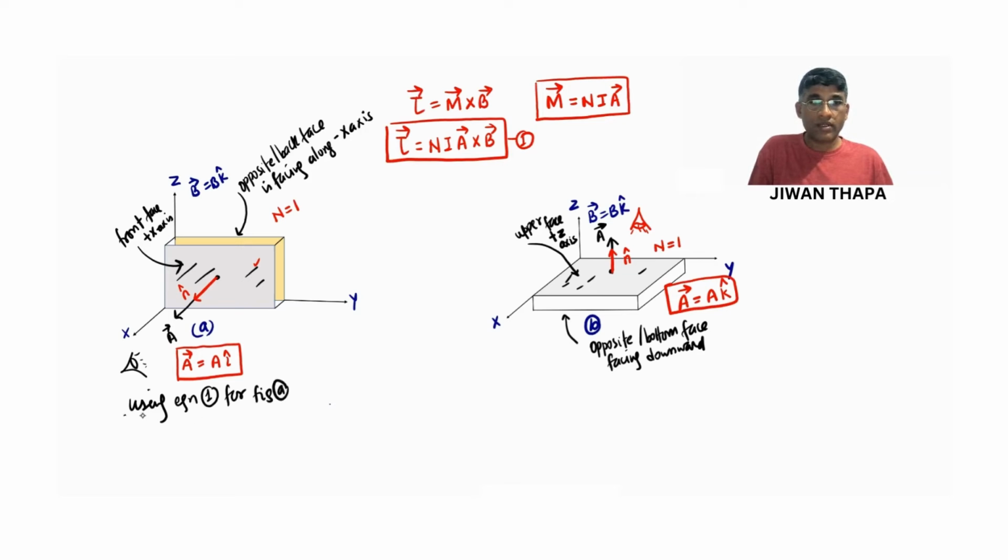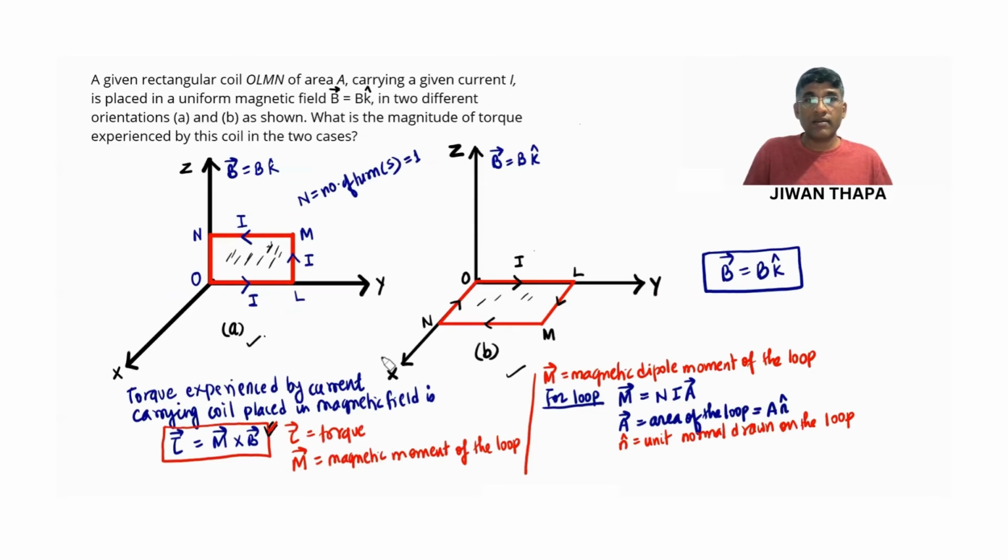Using equation 1 for figure A, we can write torque tau equals n, and n is 1, so 1 times I. We can see current I is flowing in the anti-clockwise direction, whereas in the other case the coil is horizontal and current I flows in the clockwise direction.